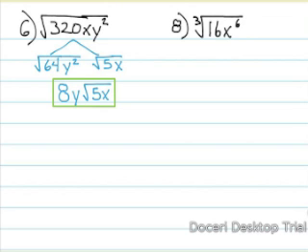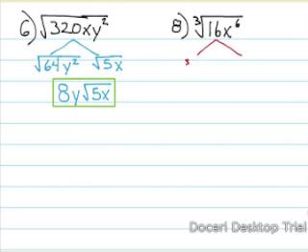The last one in that section is number 8. It's the cube root of 16x to the 6. Now you have to pay attention. We're dealing with a cube root here. So you need to figure out a perfect cube that goes into 16 and a perfect cube that goes into x to the 6th.